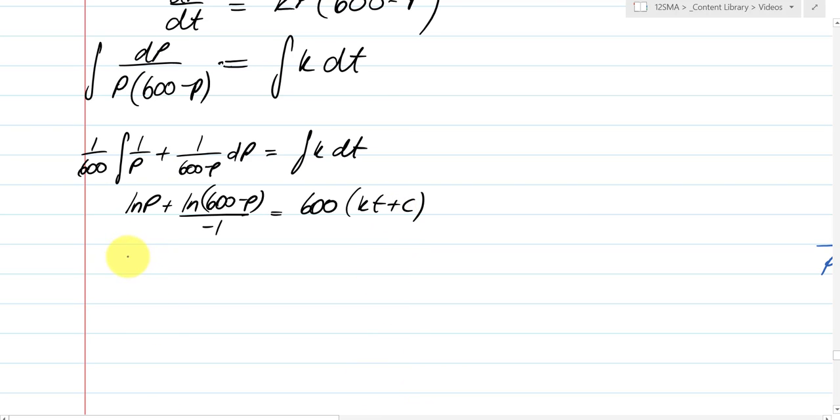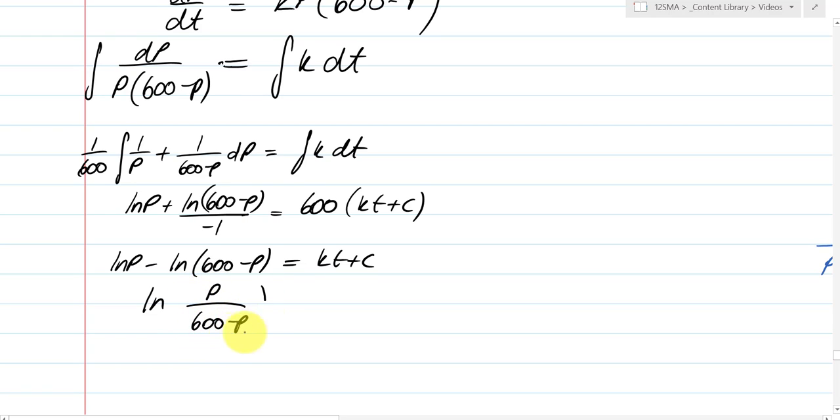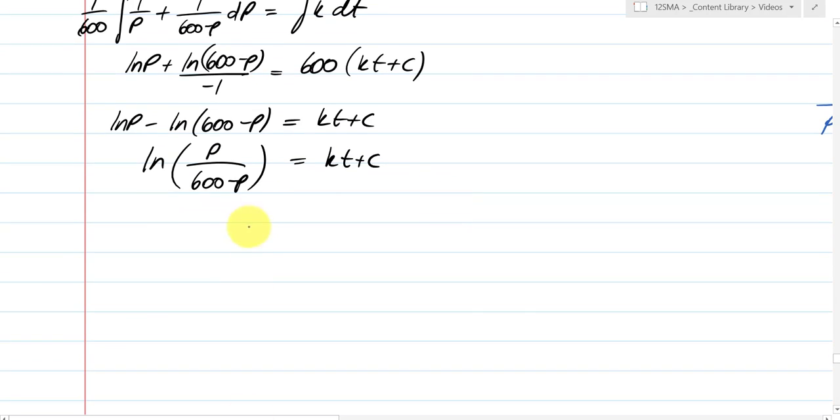So I get log of P minus log of 600 minus P is equal to kt plus c, which means that log of P over 600 minus P is equal to kt plus c. And that means, of course, that P over 600 minus P is equal to e to the kt plus c.